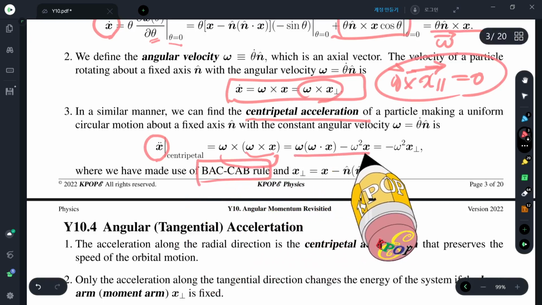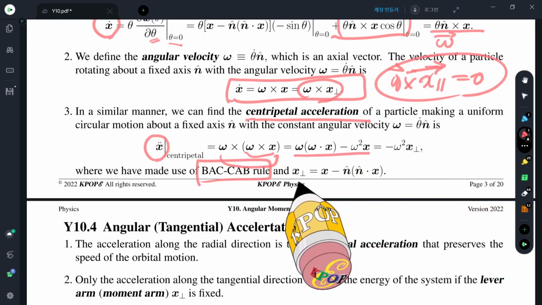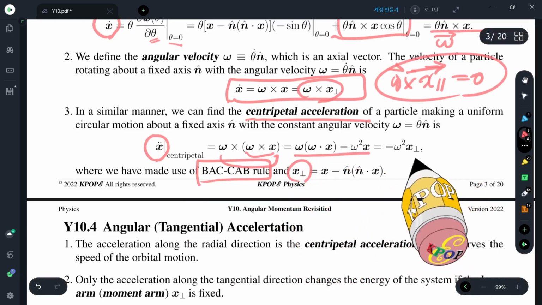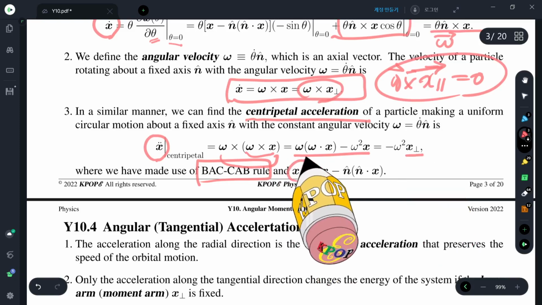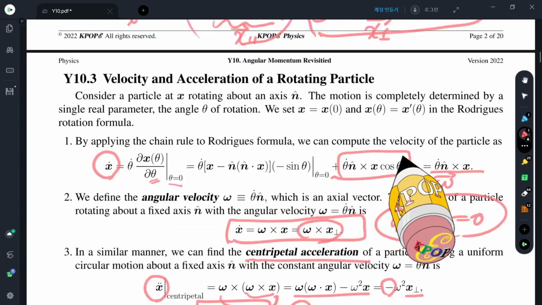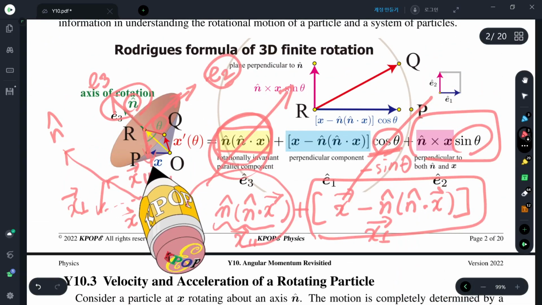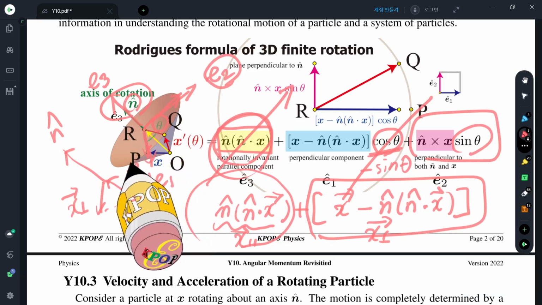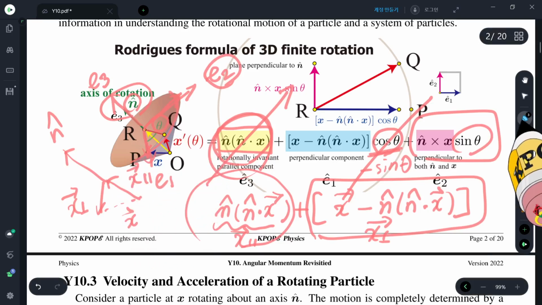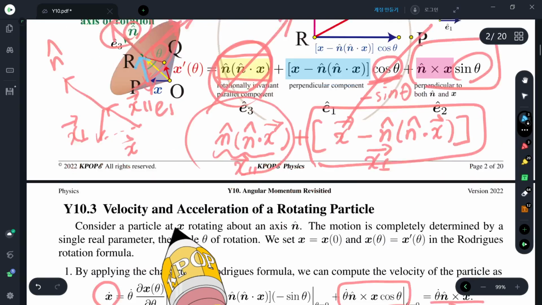We obtain this, and as you know, x perp direction, and we have a negative direction. What is the direction? Is it along x perp? No, minus x perp. So if it makes a rotation, centripetal acceleration is toward the center.